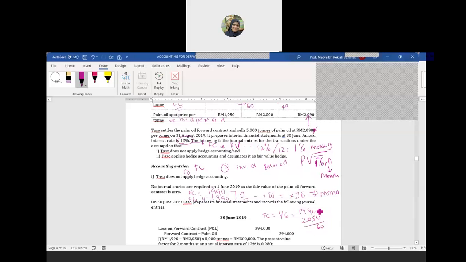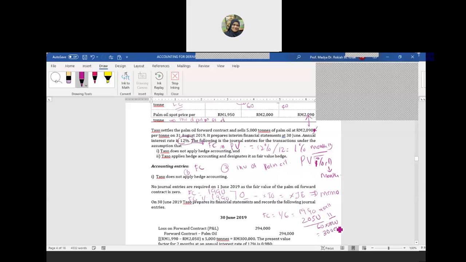Your forward contract has a value of 1990, but the market value is now 2050. You want to sell at this amount, so the price has increased and you're going to have a loss. The loss is 60 times 5,000, which is 300,000.